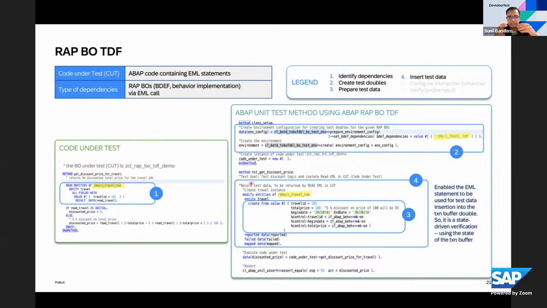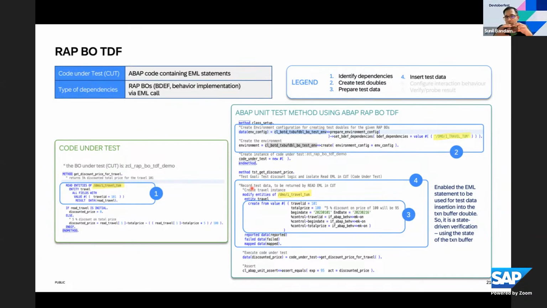So how we did that is that for the state-based verification mechanism, we created a test double for the transaction buffer. Then you have to insert the test data into that transaction buffer double, and that drives the test result.